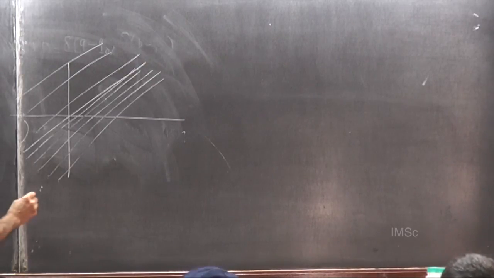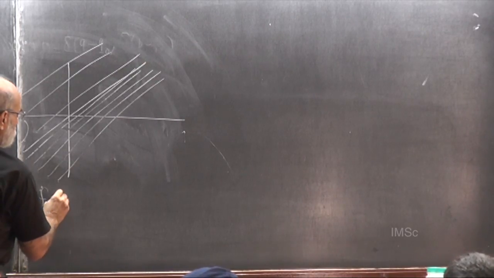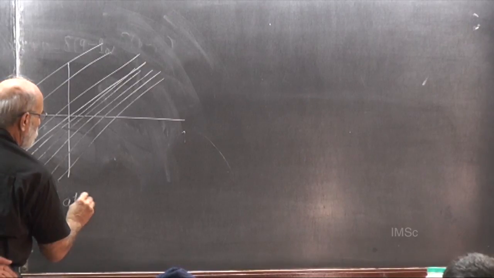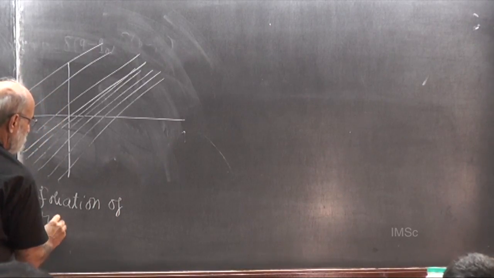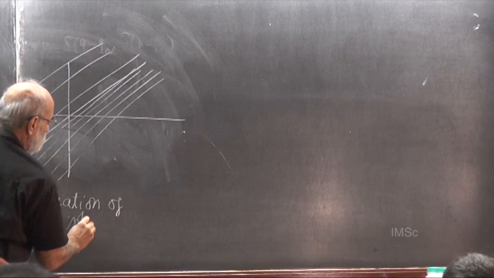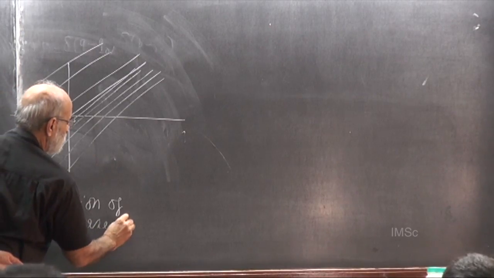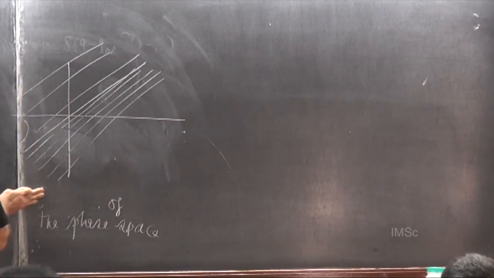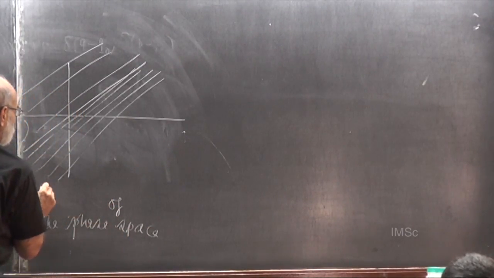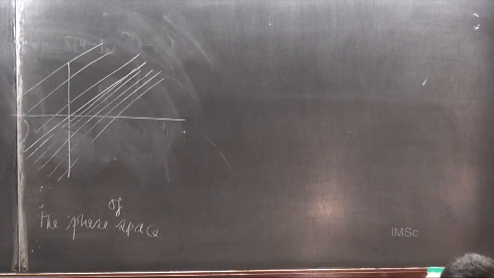This we would call a foliation of the phase space. Just treat it as a decomposition of the entire phase space in terms of a set of lines parallel to a given line.